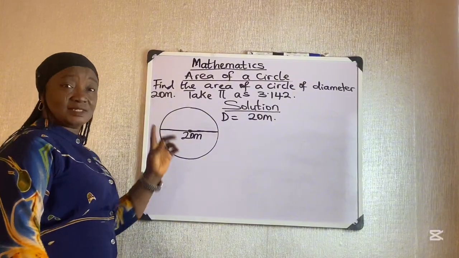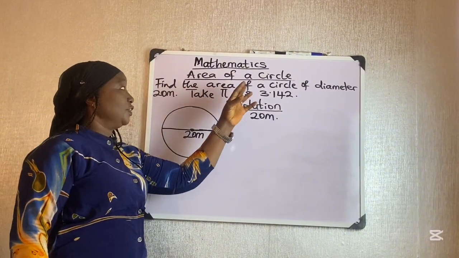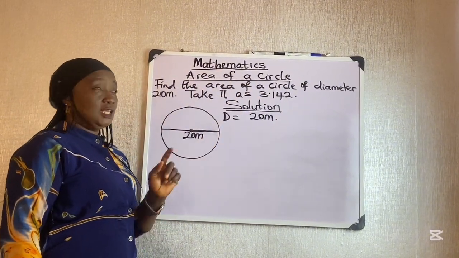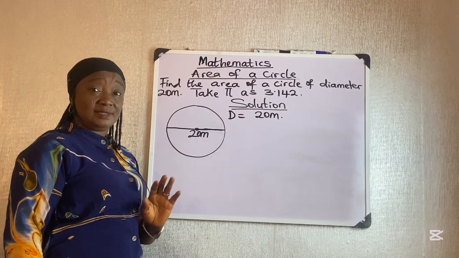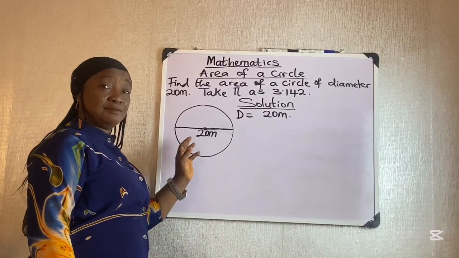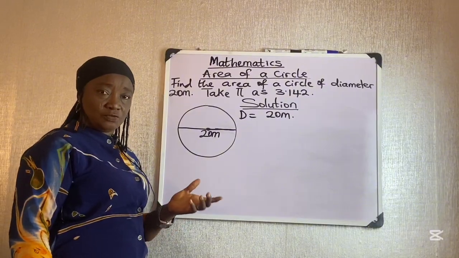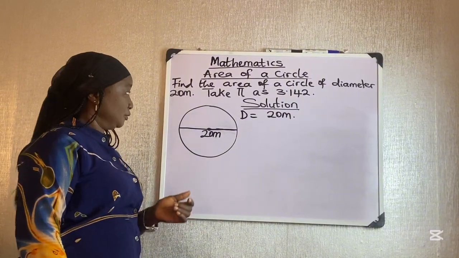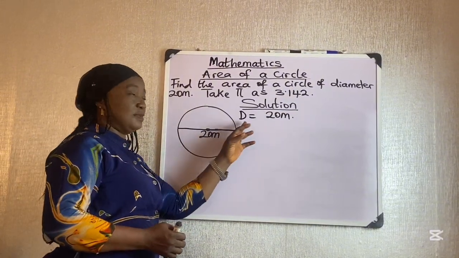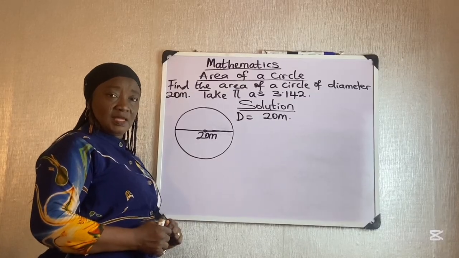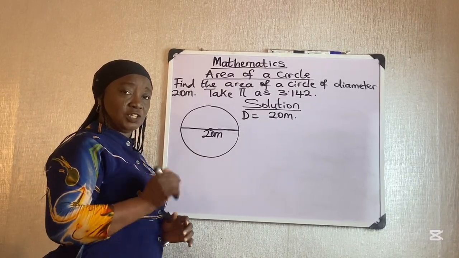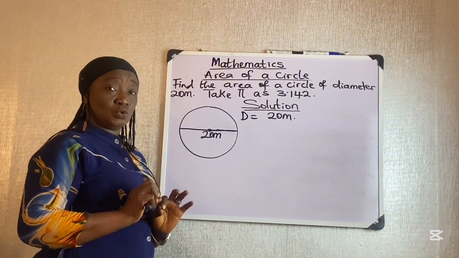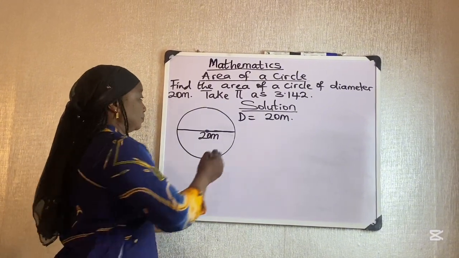This is another example on area of a circle, in which number given cannot be divided exactly by 7 and diameter is given. How do we solve this type of problem? Let's go. The diameter is 20, and we don't use diameter to find area of a circle. We divide diameter by 2 to obtain radius first.